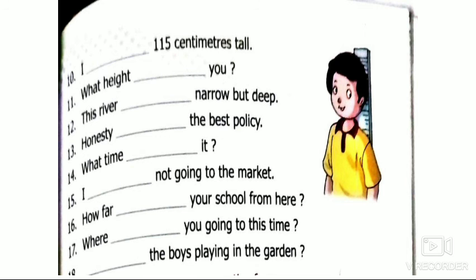Number 15, I am not going to the market. Number 16, how far is your school from here? Number 17, where are you going at this time? Number 18, dash the boys playing in the garden. It is plural, so you should use are. Are the boys playing in the garden?